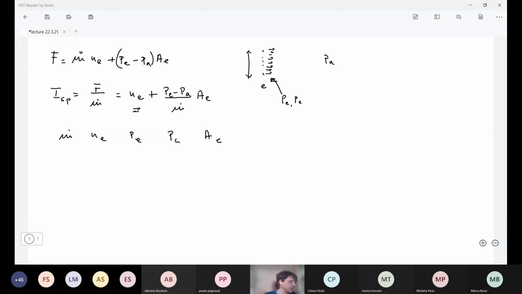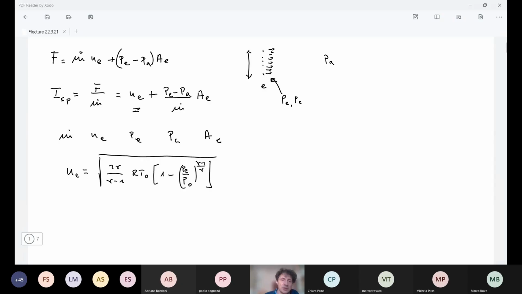And what we have seen is that exploiting the energy balance in terms of enthalpy, we can express this velocity as the square root of 2γ over γ minus 1 R T0, times 1 minus (PE over P0) to the power (γ minus 1) over γ. So with this expression, we made already some considerations.